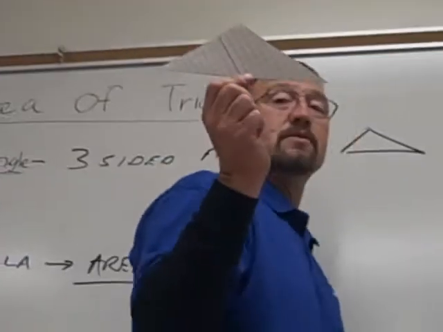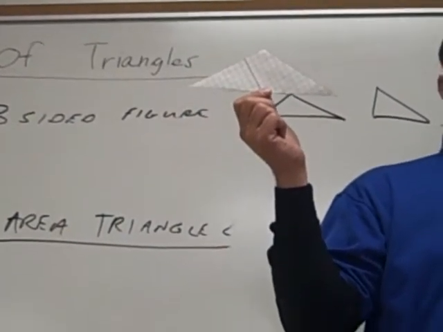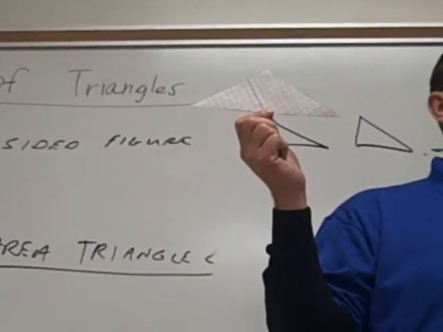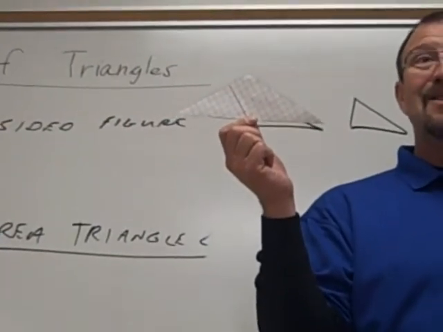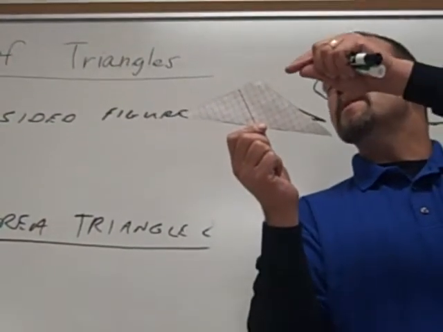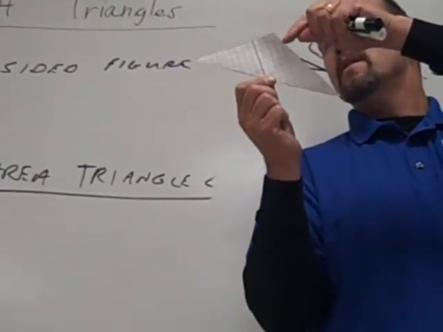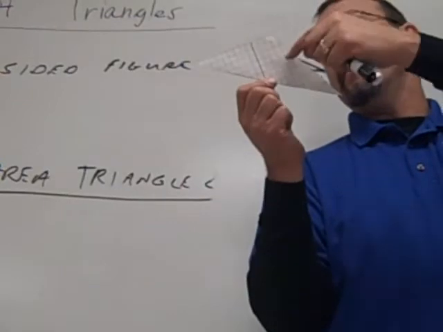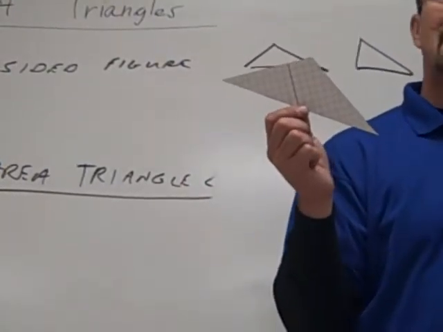You got it there, Carl? See that? All right. Here's our triangle. It's got a bunch of squares in it. If I want to know the area, I can count all these squares, right? Oh, but we got a problem. Because there's a square that's not a complete square. There's a little not a complete, not a complete. You get the idea.